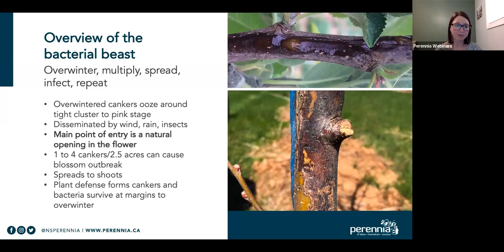So after a blossom infection, it can spread to the shoots, and the plant does have its own defense mechanisms, and that's why trees can form cankers to stop the spread of that bacteria. But the bacteria can also survive in those cankers, even though its movement is stopped. That's where it can continue to survive and live at the margins and then overwinter, and this cycle repeats. So we're going to focus on that blossom blight stage now.